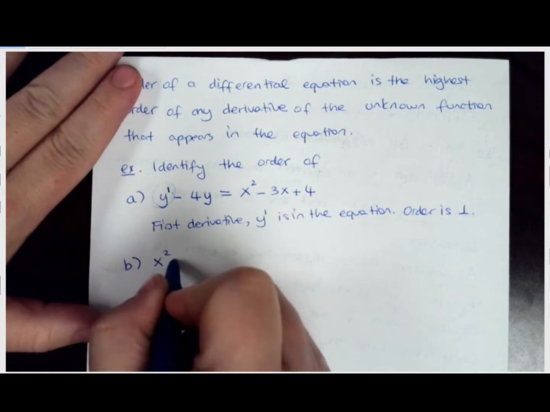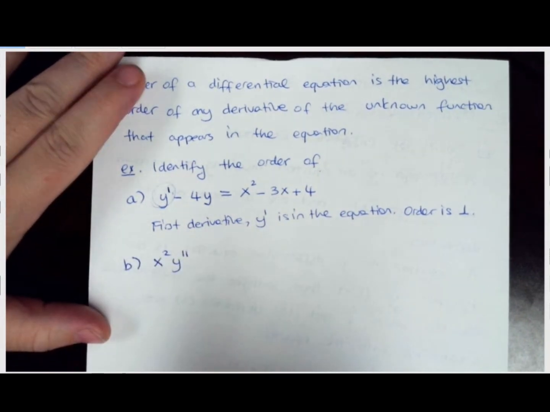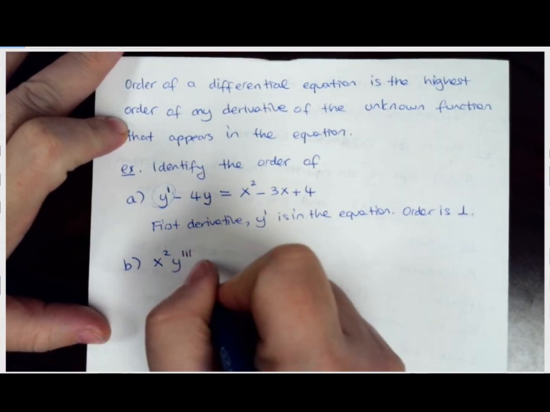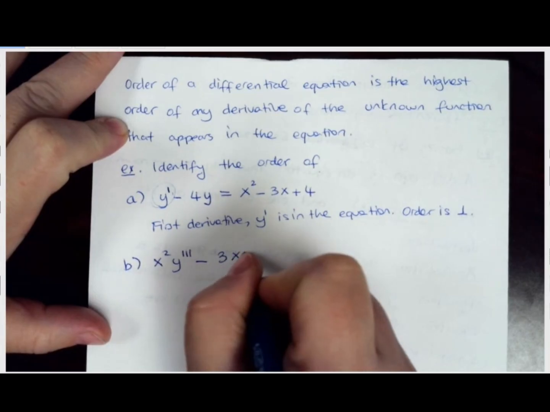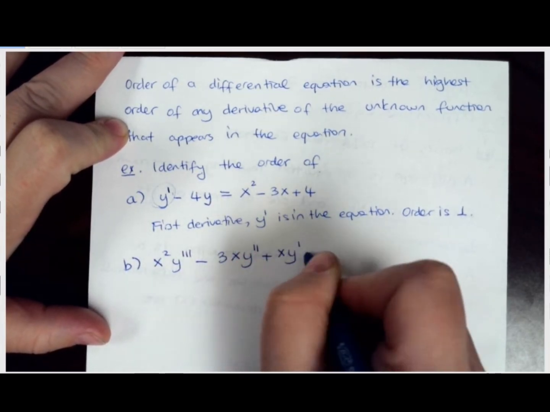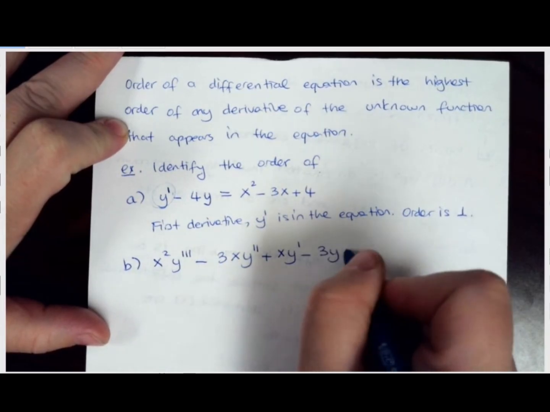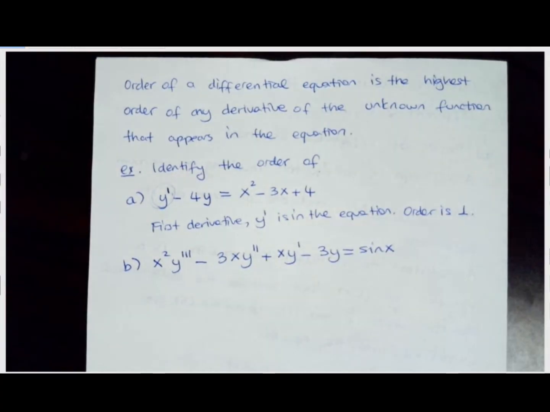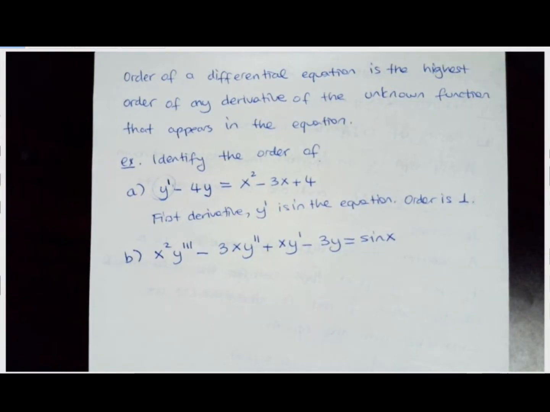x squared times y triple prime, minus 3x times y double prime, plus x y prime, minus 3y, equals sine of x. What is the order of this equation?